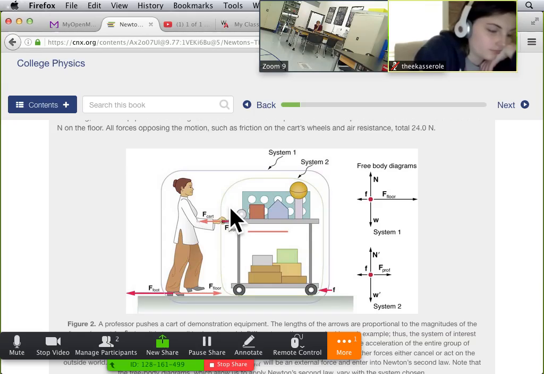She has to move herself as well. Because she has to move herself with her feet as well as the cart. That 53 newtons she pushes with her hands is part of the 150 down here. The other 100 or so, 97 newtons, is just to move her own weight forward, her own mass forward. Because with her feet, she has to accelerate both herself and anything that she's pushing.